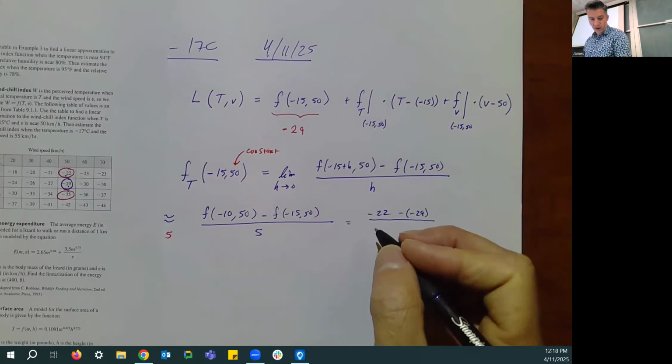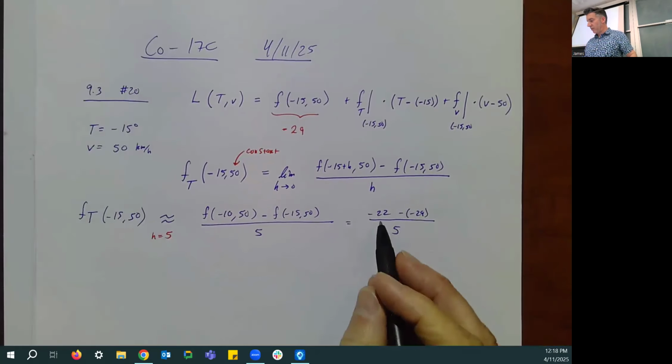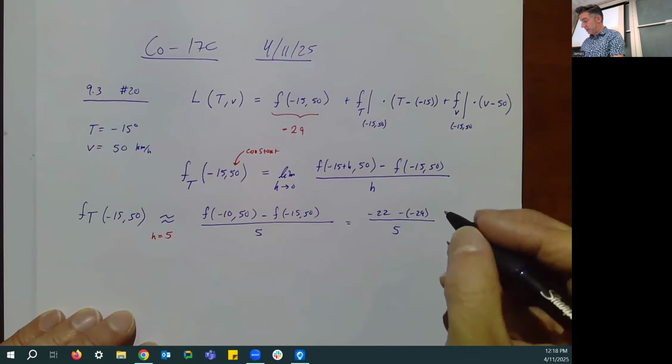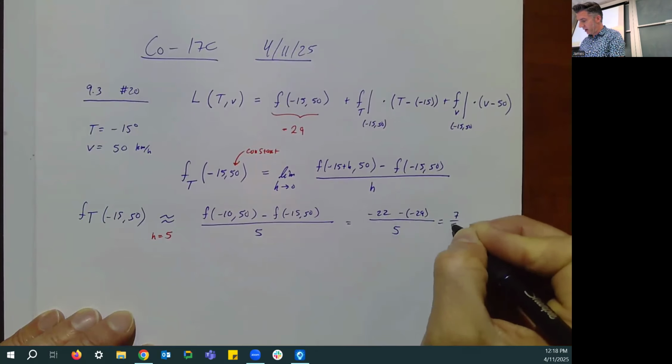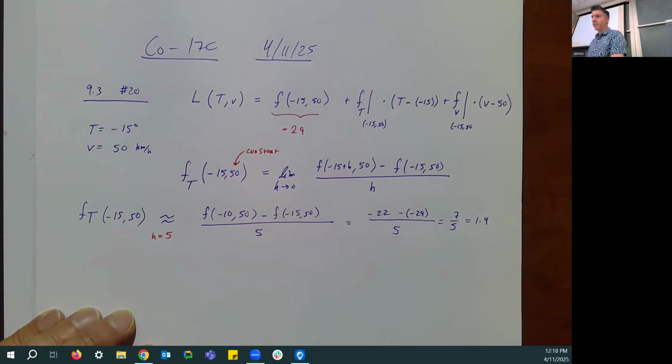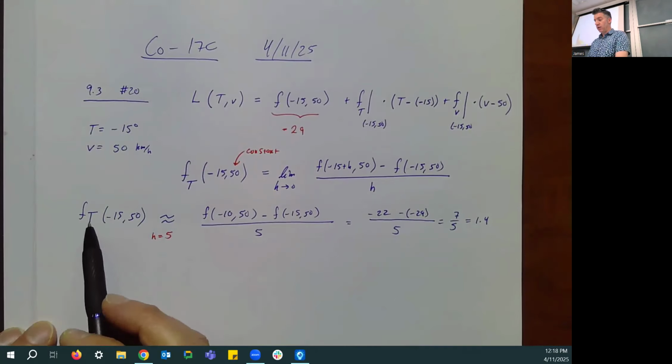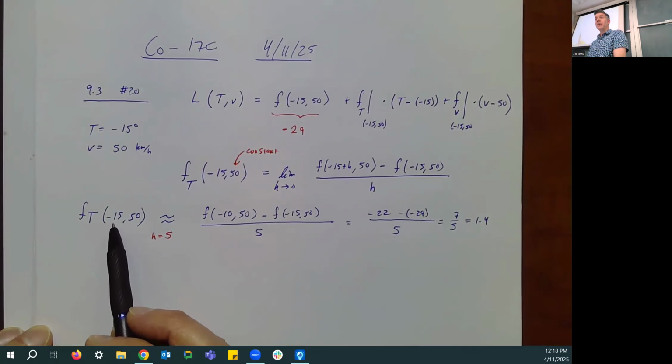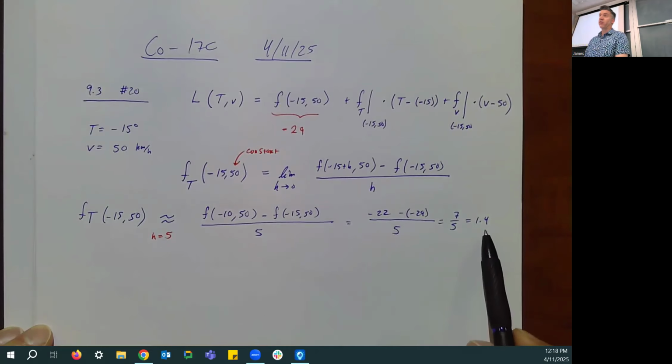And the bottom part's 5. So I end up with -22 plus 29, which is 7, divided by 5, which is 1.4. In other words, if we let the temperature increase by 5 degrees, the wind chill is going to increase by 1.4, whatever the units are. That's what we're saying with that.